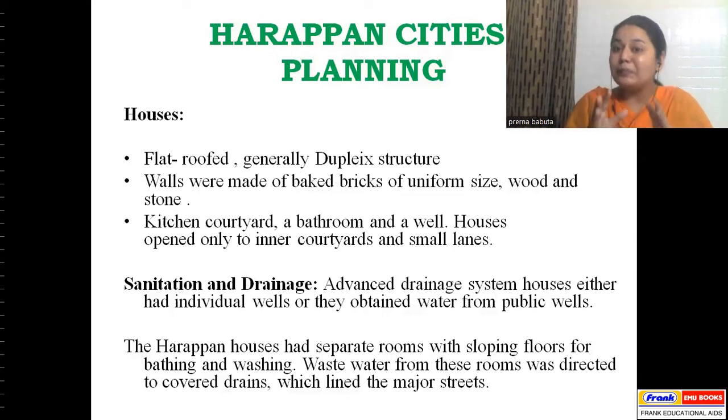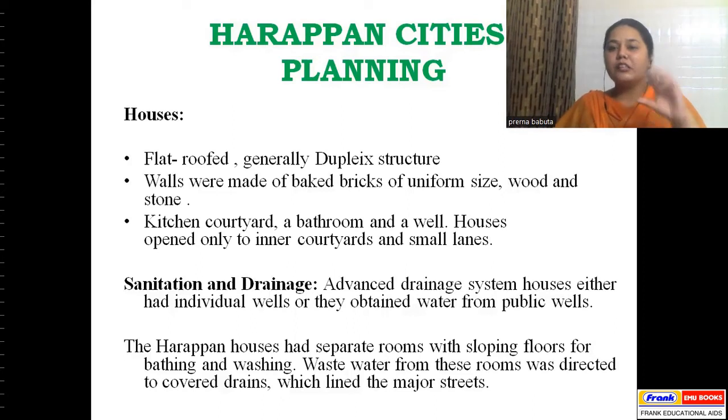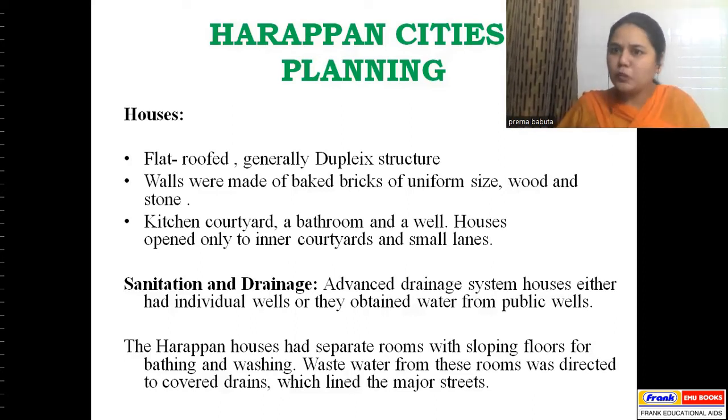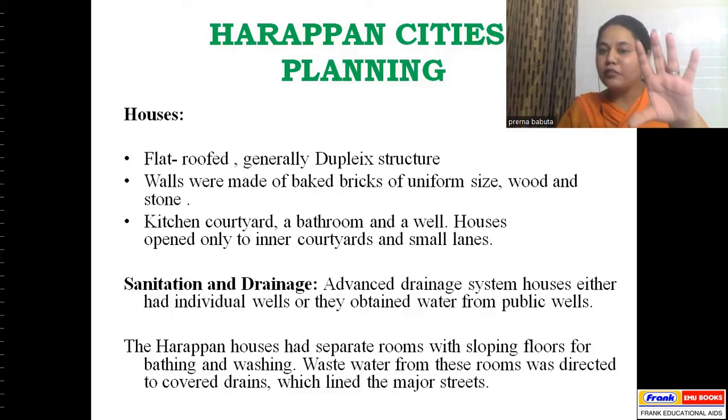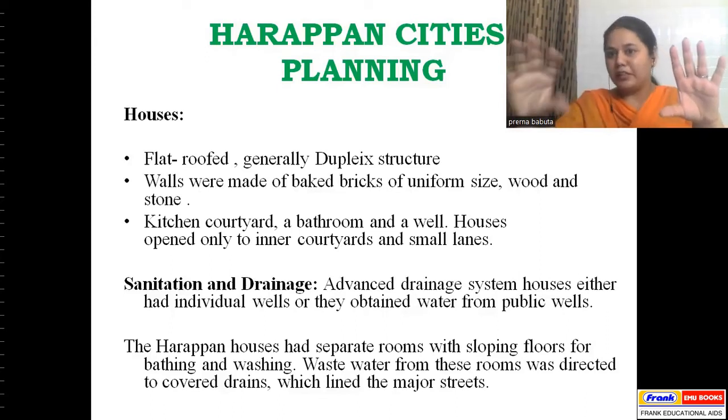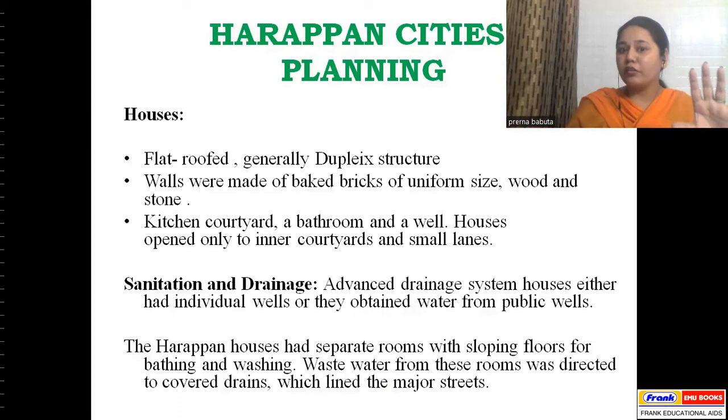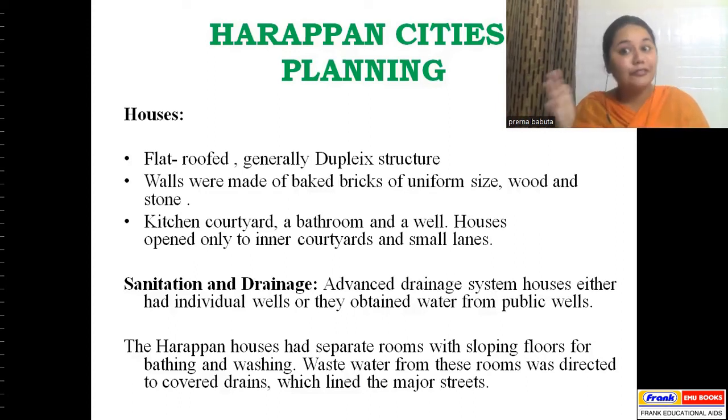Even the Harappan city planners were aware of having different rooms for different purposes. If I tell you to go and cook food in your room, would you do that? You would not like it. So they understood the importance of having different rooms: a kitchen for cooking food, a washroom for bathing, a well if you have to draw water from it. Different rooms, different purposes.